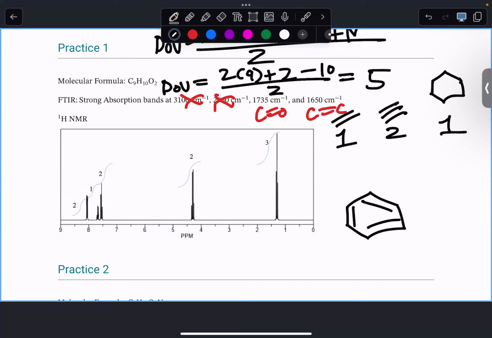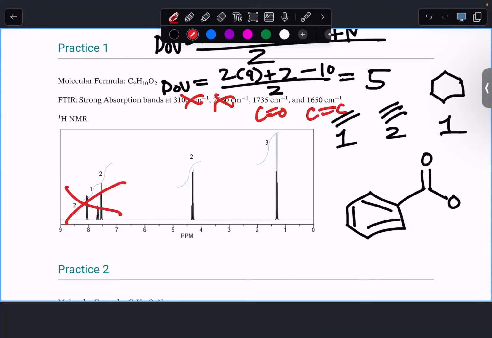Just 1 group, because we want 5 benzene hydrogens: 1, 2, 3, 4, 5. And since I have 2 oxygens, I'm just gonna guess that this is an ester. That's just a guess. We know we have a carbonyl from the IR and the oxygen right there, right? So let's cross out these peaks because those peaks are used up already.